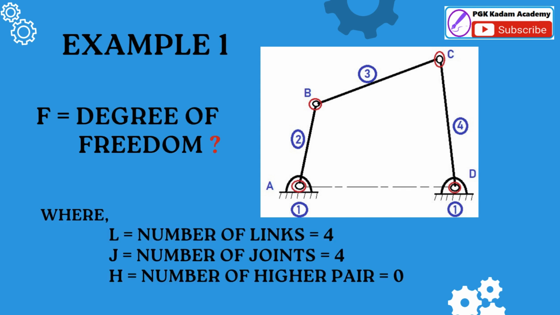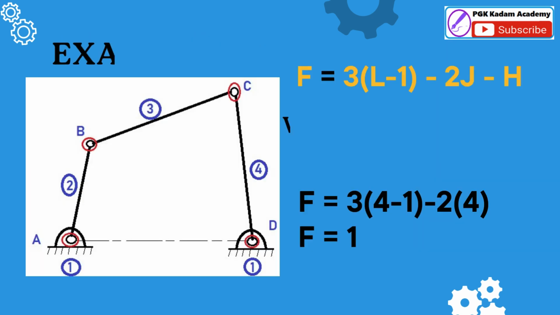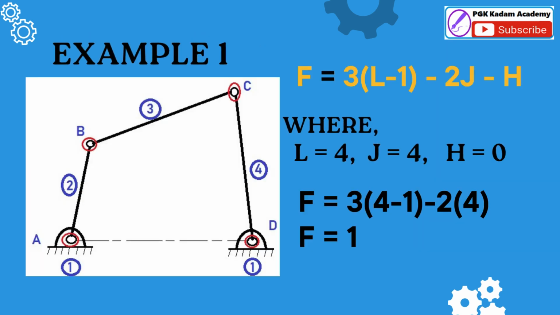Example 1, a 4-bar mechanism shown in the figure, to determine the degrees of freedom of a planar mechanism. Degree of freedom F equal to 3 times (L minus 1) minus 2J minus H. Here, by observation of the 4-bar mechanism, L equals the number of links in the mechanism, 4. J equals the number of lower pairs, 4, obtained by counting the number of joints.